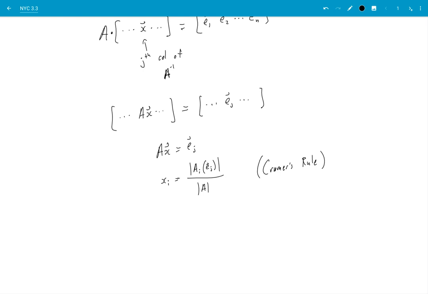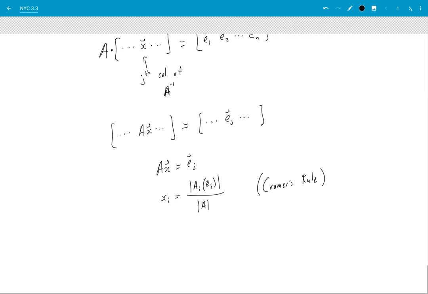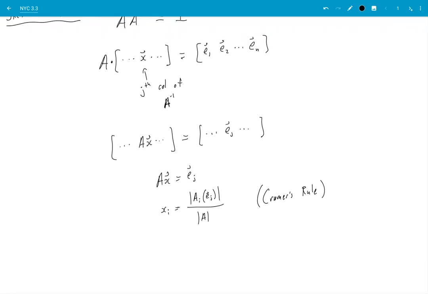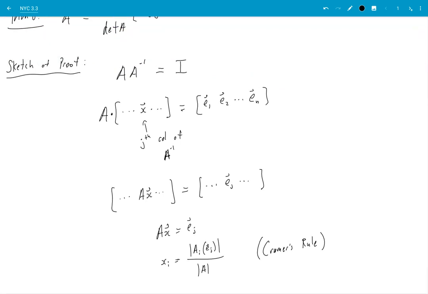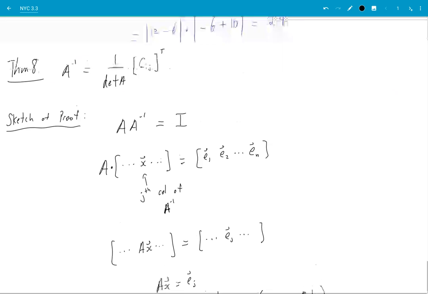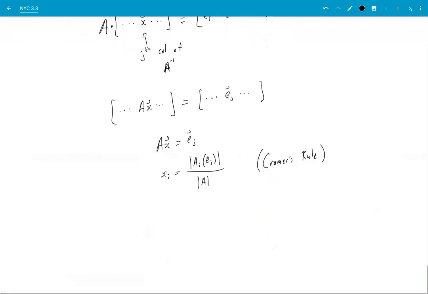Now we're getting closer. We have this division by the determinant here, which is making us happy. It's important to maintain morale while doing proofs, you know. You have this determinant of A appearing downstairs, and you say, ooh, that's good. Ooh. The numerator, though, you have to contend with.